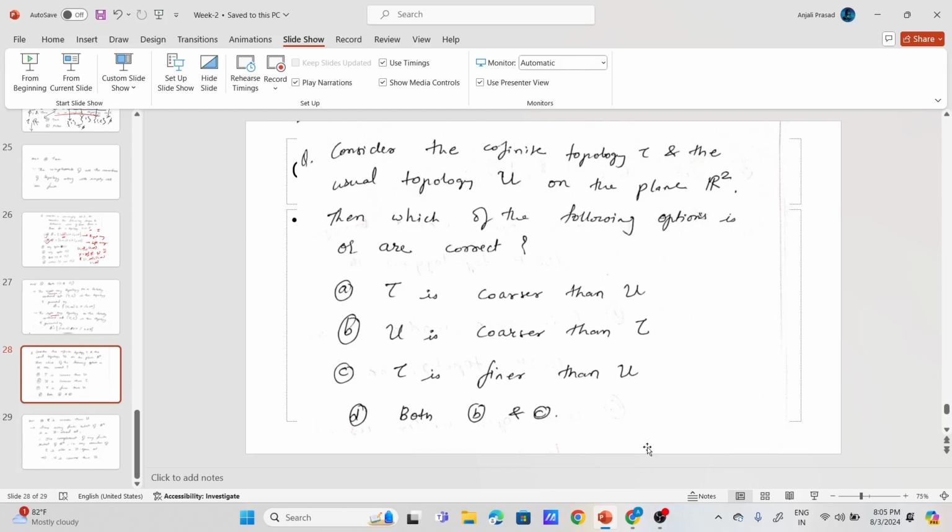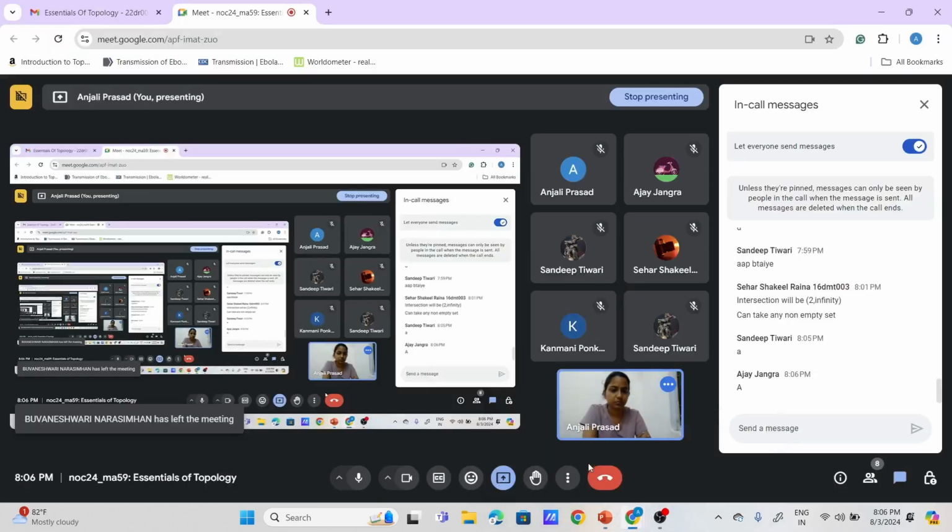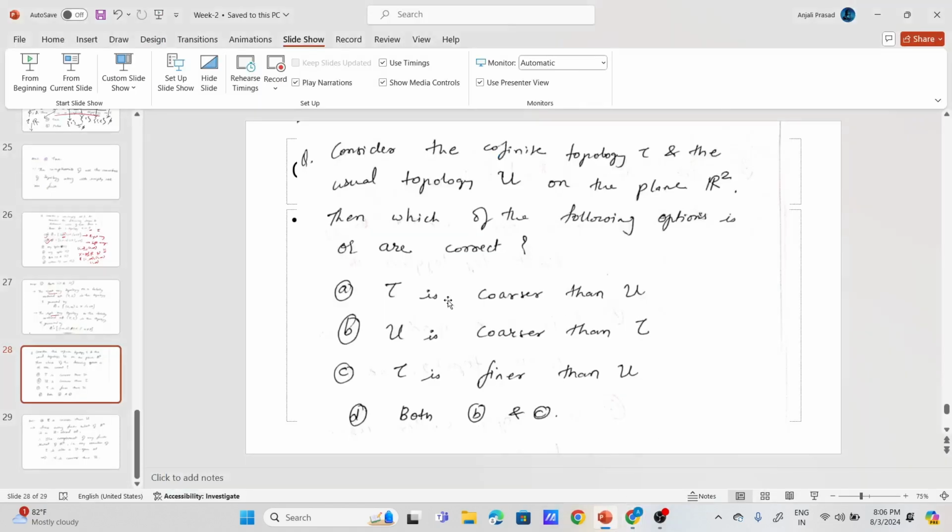A, you are saying tau is coarser than u. Others? A. So let's see what is the correct answer.